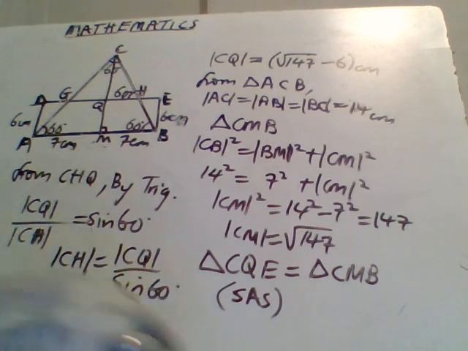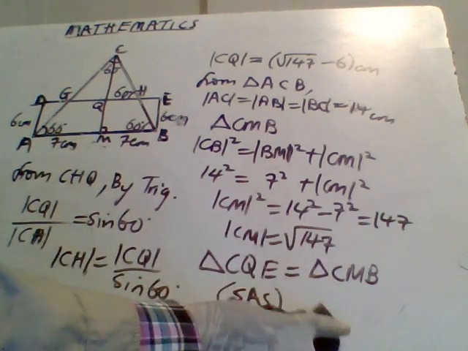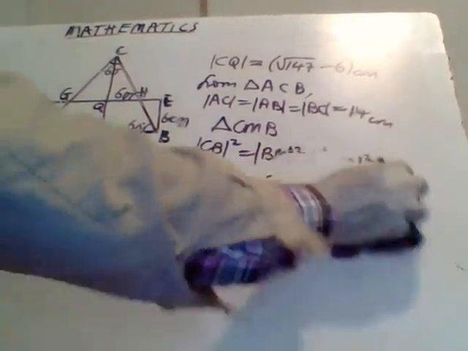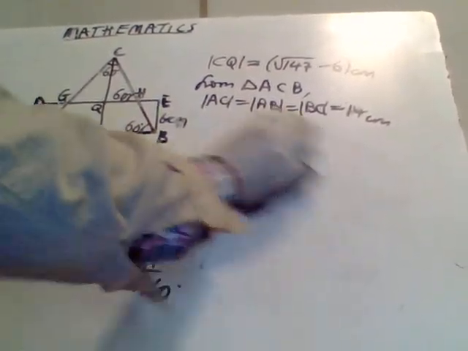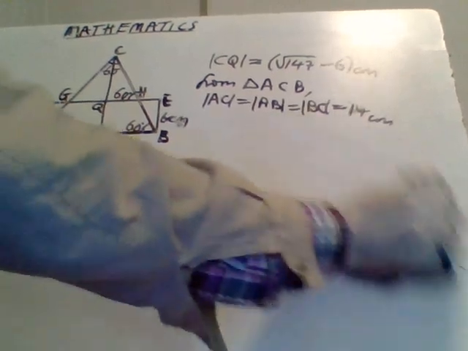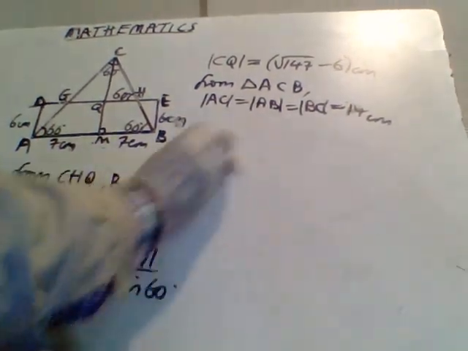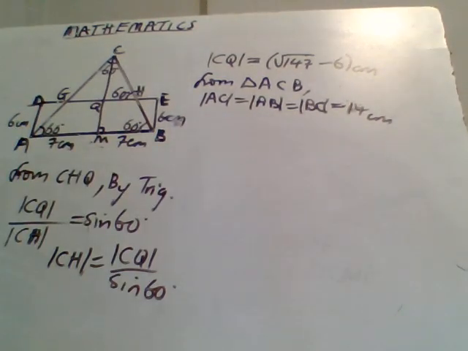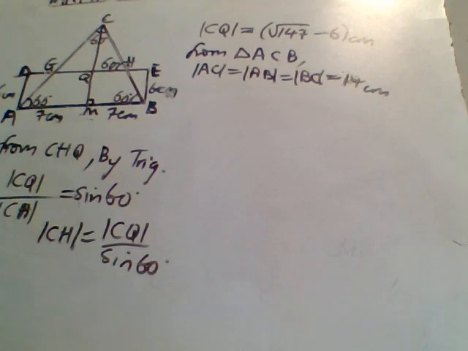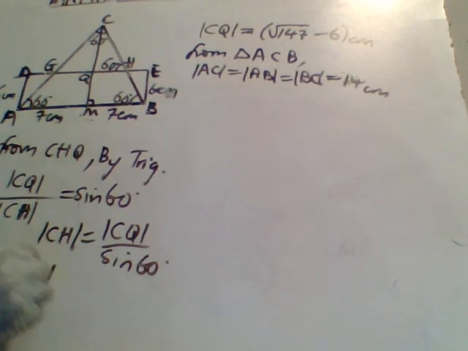So let's clean here. Is there anything left? So let's clean it. So from here, let's proceed. So from here you have CH, CQ is equals to what do we obtain as CQ?